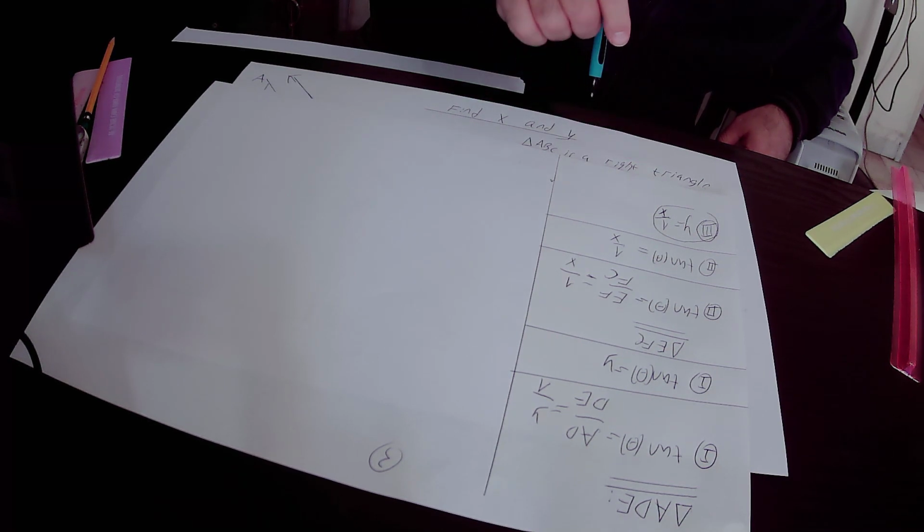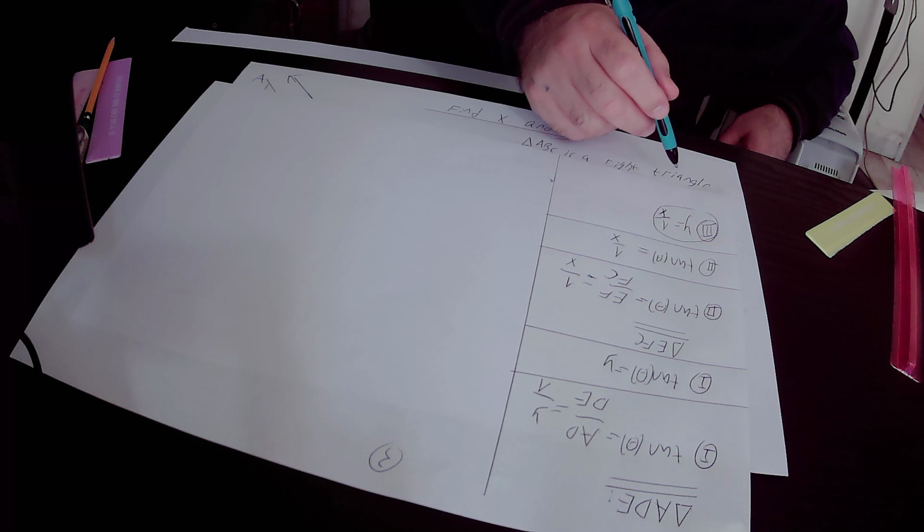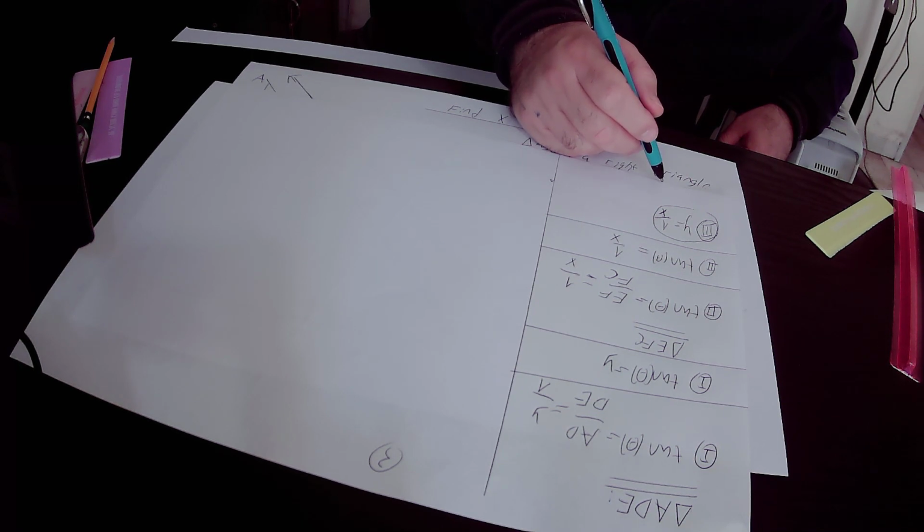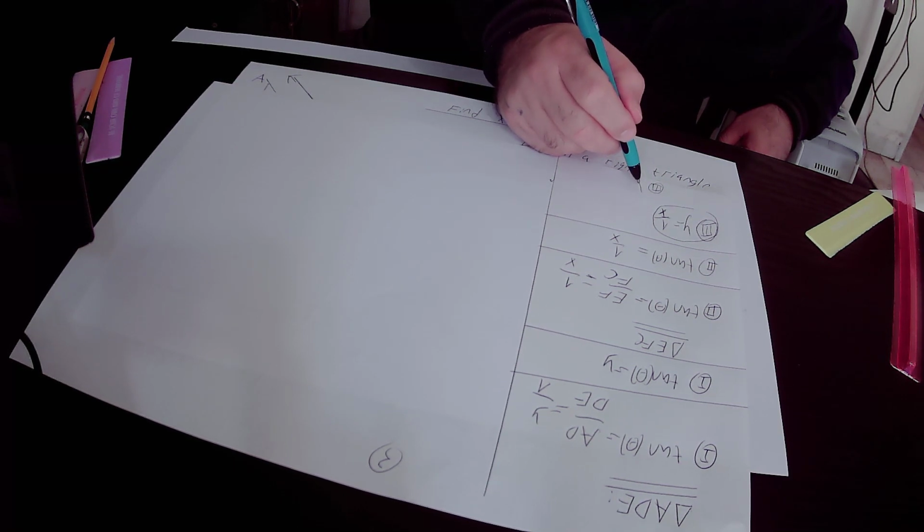Okay? Here, if we multiply equation number 3 by x, we will get that x times y equals 1.